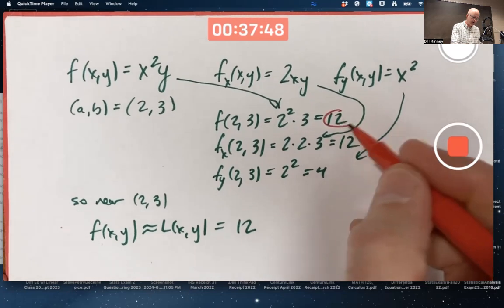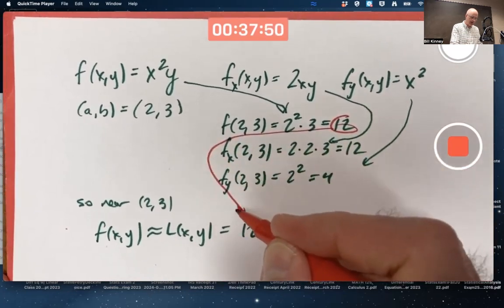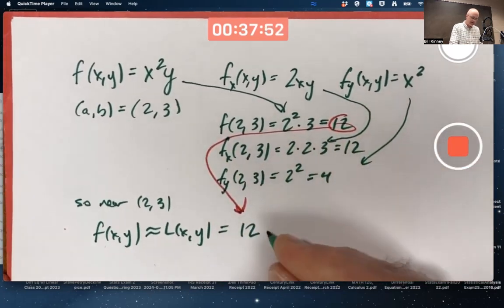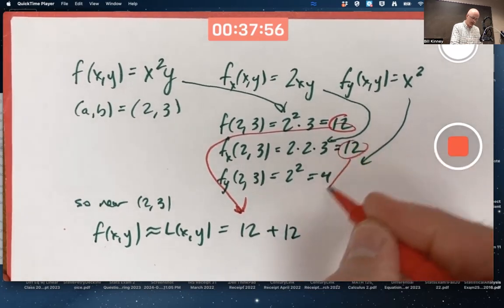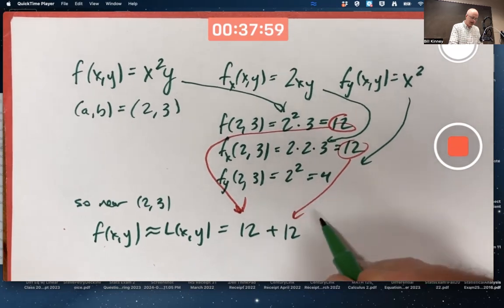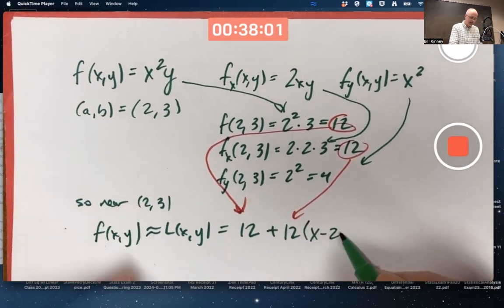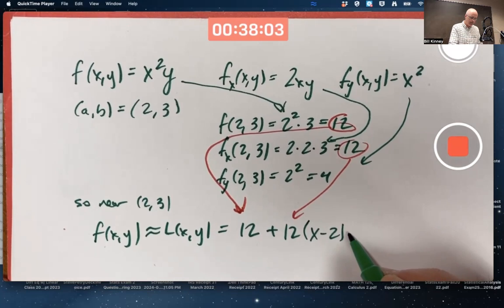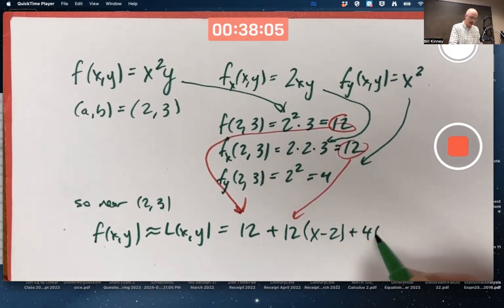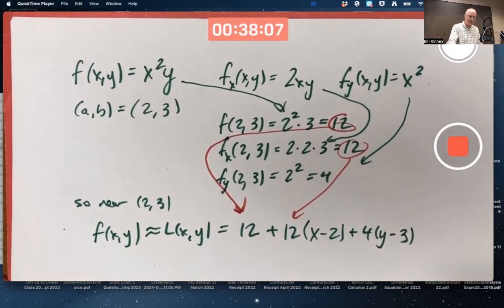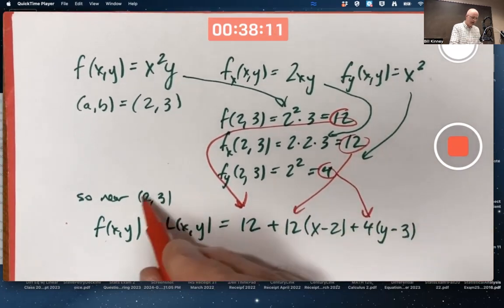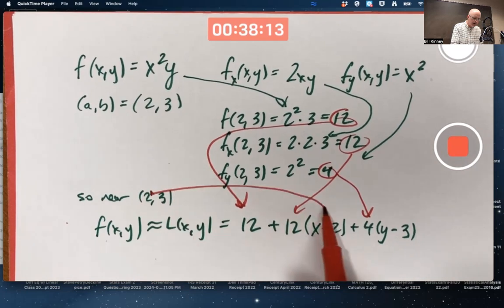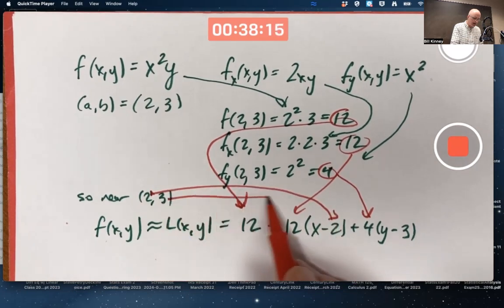That's this number coming down, that 12 coming down there, plus 12, thought of as this 12, times x minus a, which is x minus 2, plus 4 times y minus b, y minus 3. The 4 goes there. The 2 goes here, and the 3 goes there.